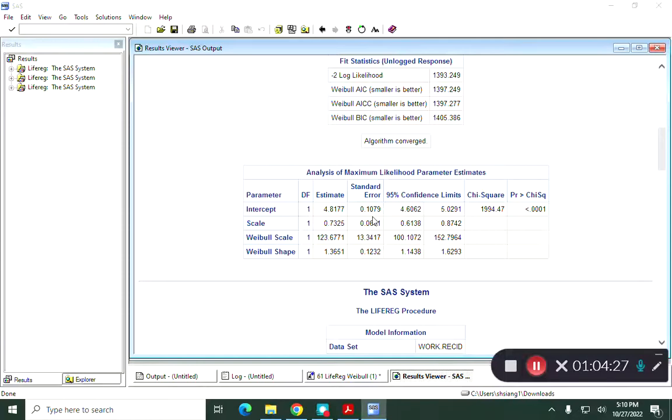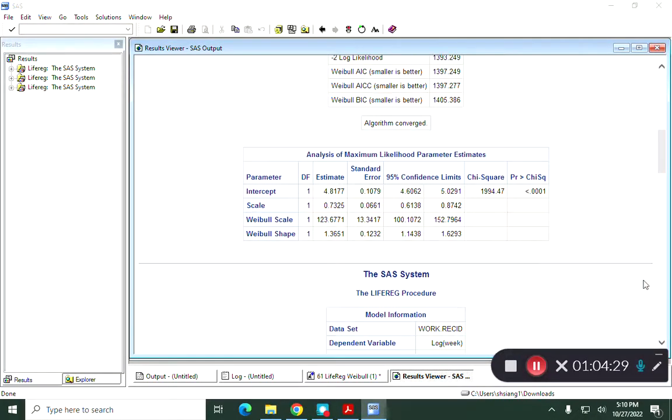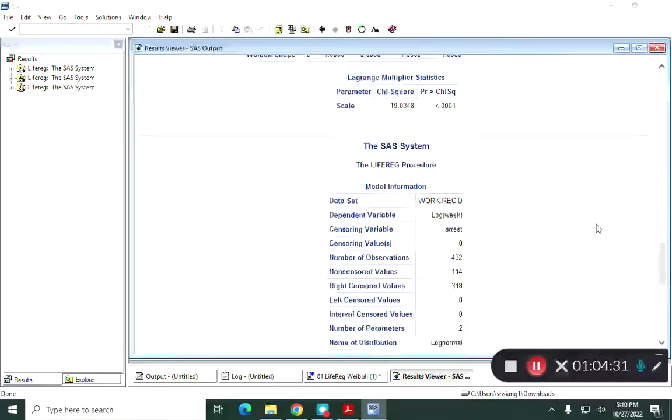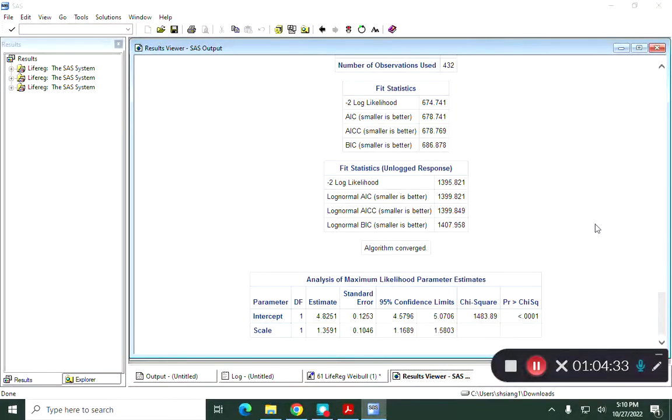But there's no covariate associated with it, okay? And you can have exponential distribution. Can anybody tell me why in the exponential distribution I don't have a shape parameter? Because shape equals 1, right? So you don't need a shape parameter.